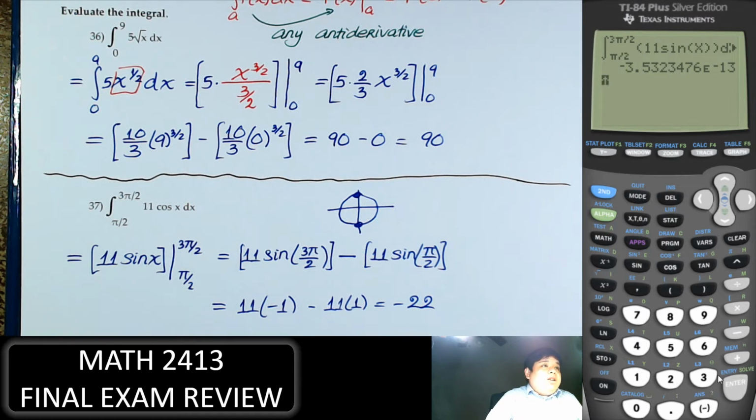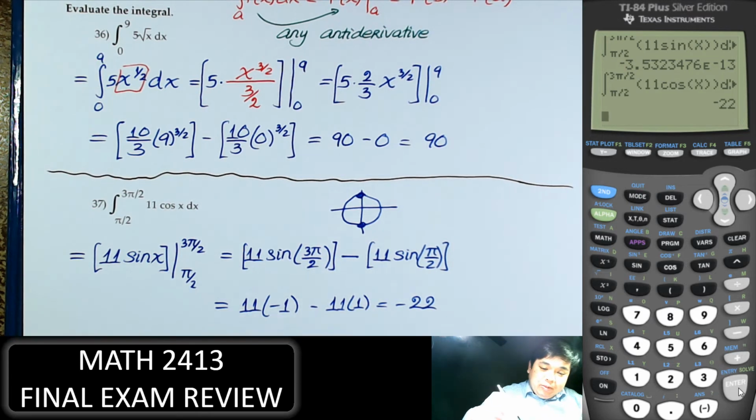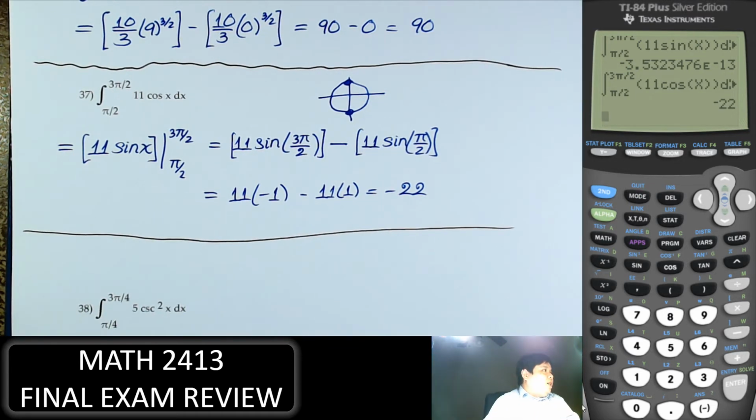Okay, if I enter the function correctly, sorry, yep, -2. Actually, it gives you the exact answer. This is good. Right, cosecant squared.